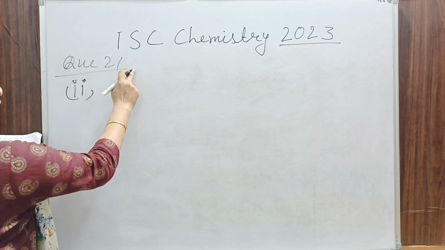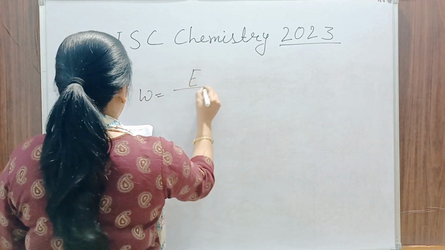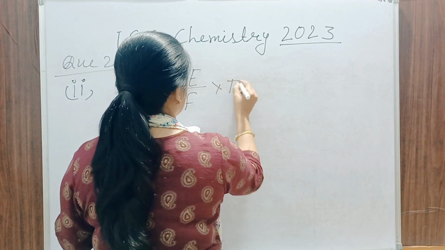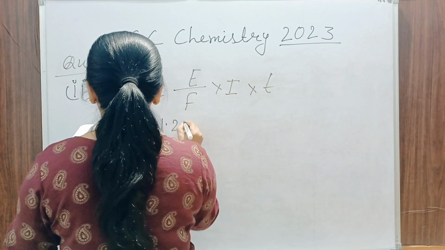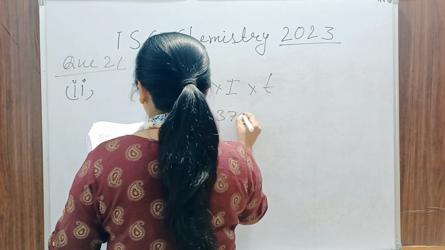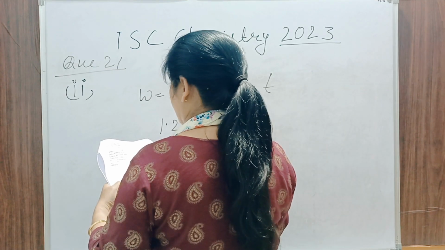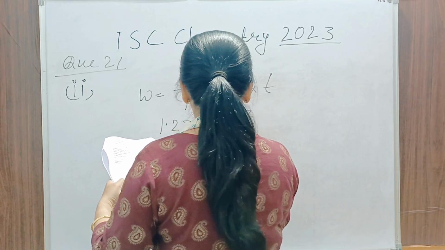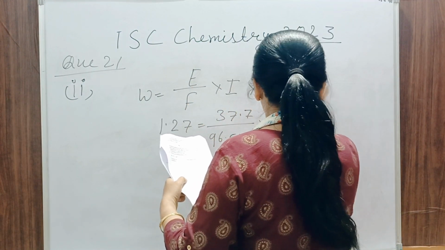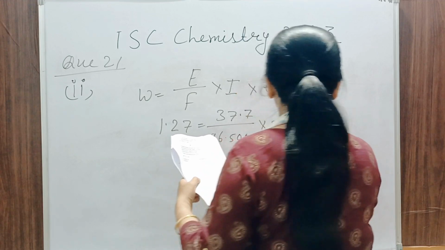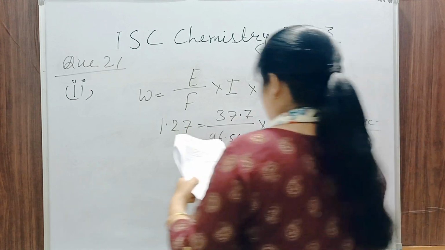W is equal to E upon F into I into T. So 1.27 is equal to 31.7 upon F, value of 96500, into 2, into T. When we solve this, 1933 seconds.